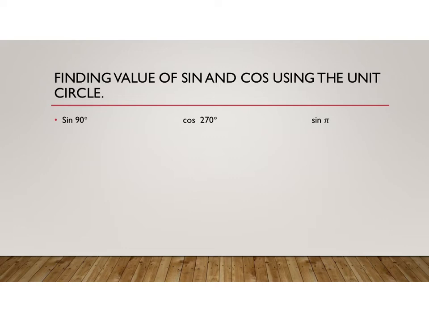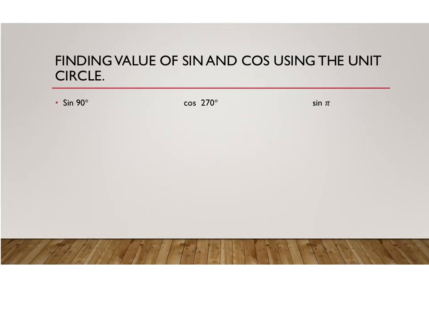Alright, so how does this apply as far as finding the value of the sine and cosine using the unit circle? If I'm asked to find the sine of 90 degrees, I draw a diagram that has the unit circle, so this is a circle with a radius of 1, and the 90-degree angle, again if I rotate counterclockwise, would be this angle.